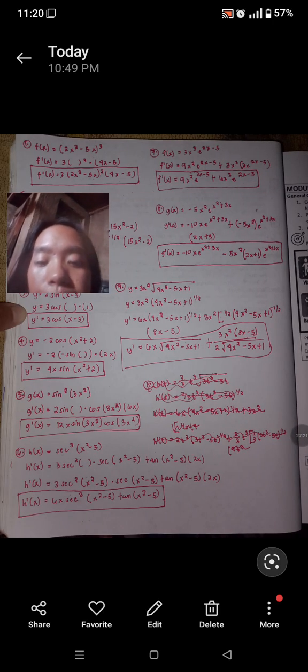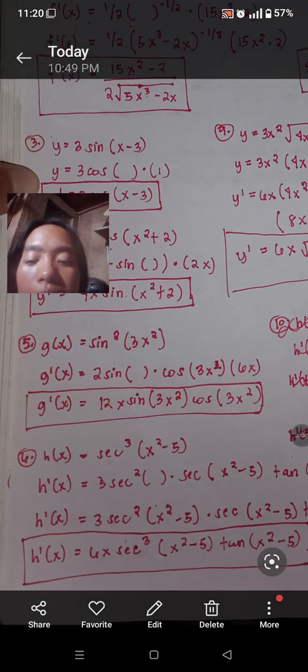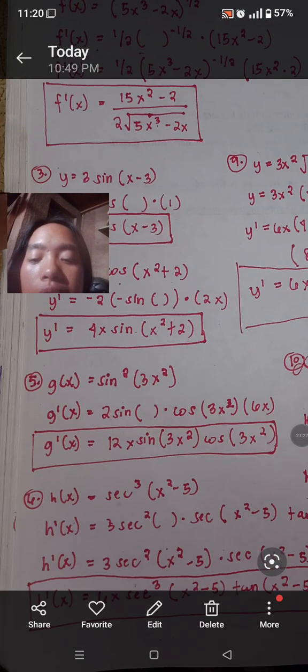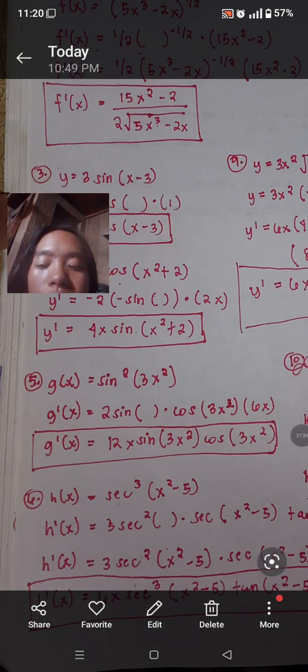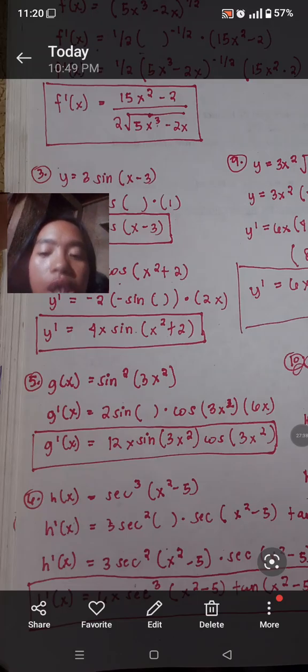So this is still the same, but let's try number 5. g of x is equal to sine squared of the quantity 3x squared. So g prime of x, let's use the chain rule for this. So let's copy the 2, and then sine of the inner function 3x squared.